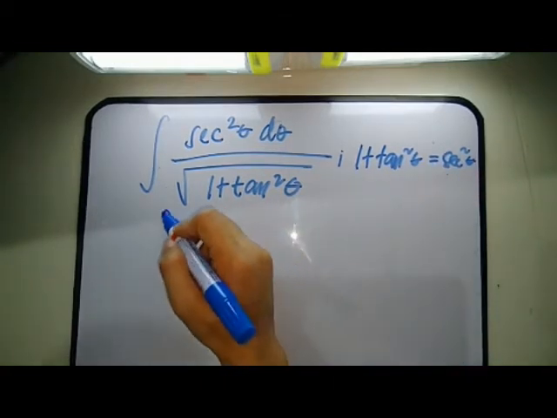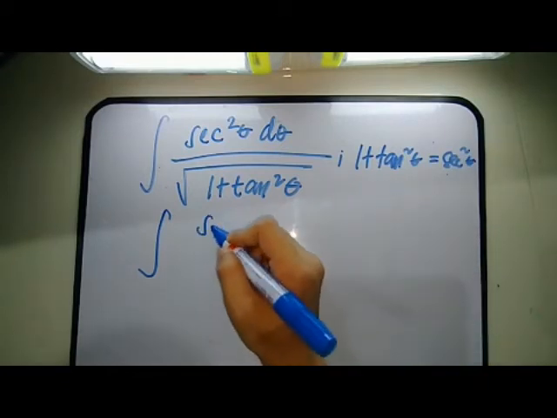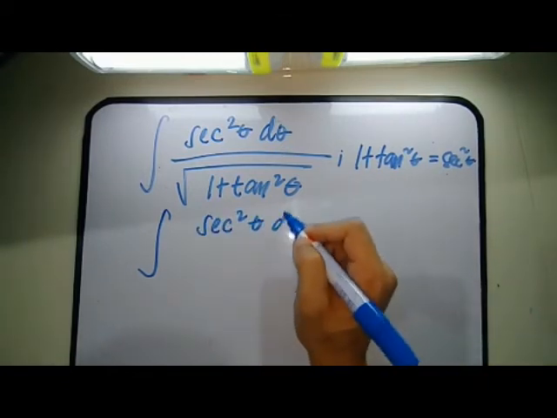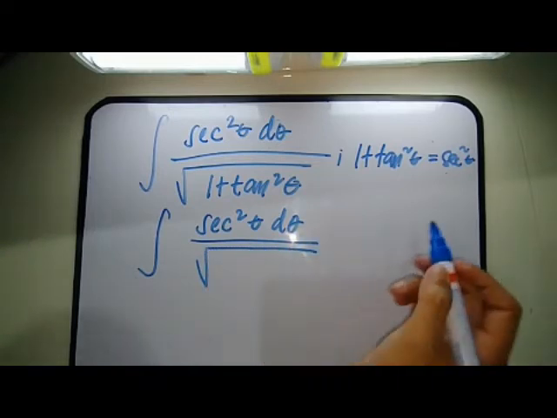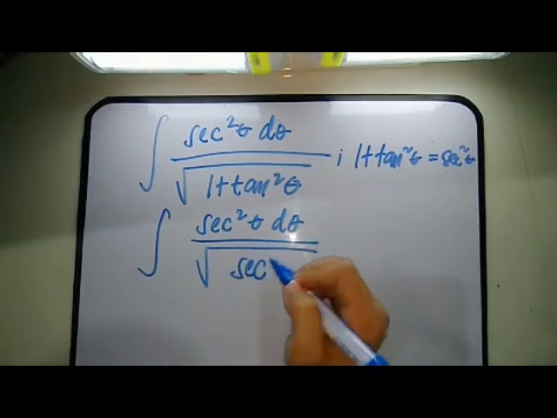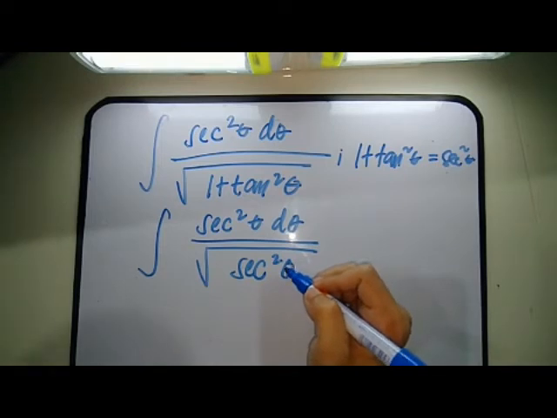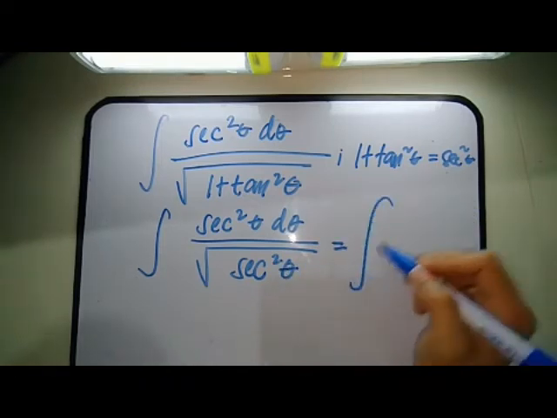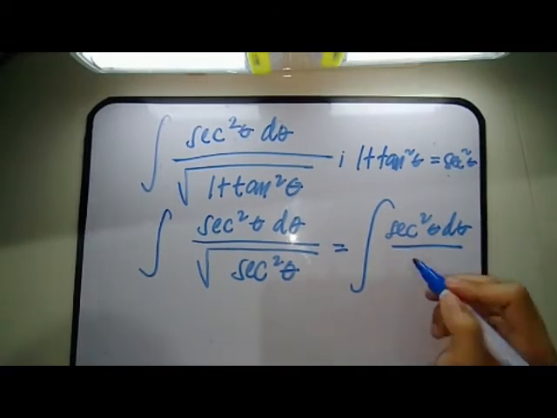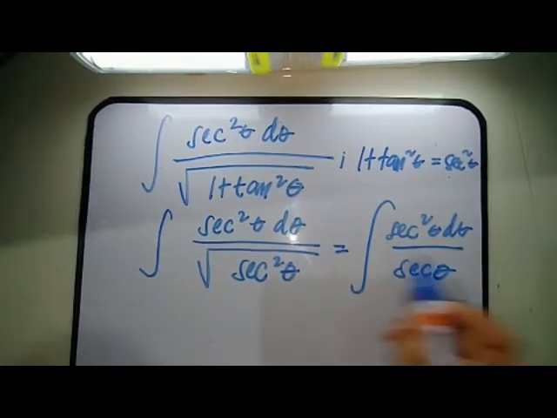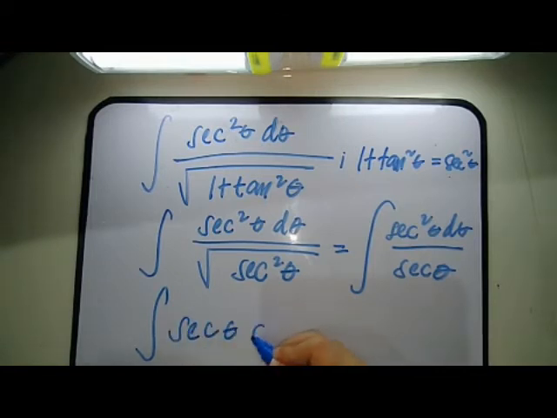So, we have here integral of secant squared theta, derivative of theta all over square root of secant squared theta. So, this is equal to secant squared theta, derivative of theta all over secant of theta. So, integral of secant theta, derivative of theta.